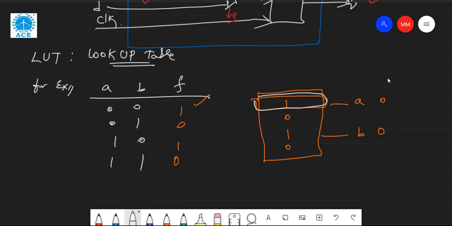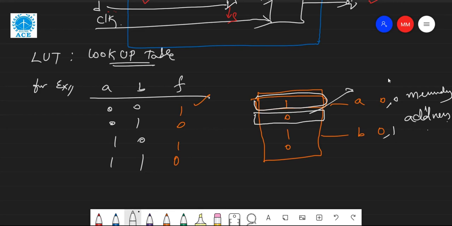This is my output now, okay. So here A and B act as memory addresses. Like this, if next is 01, the inputs are 01, then the second memory location is selected. This will be at your output level.